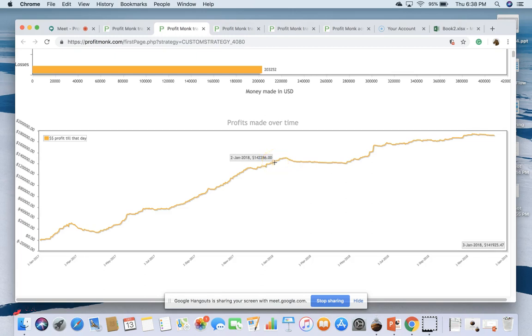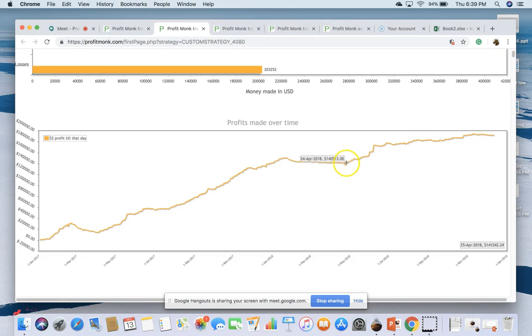This is the point in the profits made chart where the strategy was about 142K, and we know how the market behaved from January to now, which is December. There was a big market crash around the first or second week of February, and it was quite volatile, and you don't see a lot of impact here in your total profits. It went down a little bit from 150 to something like 140, so a few percentage points.